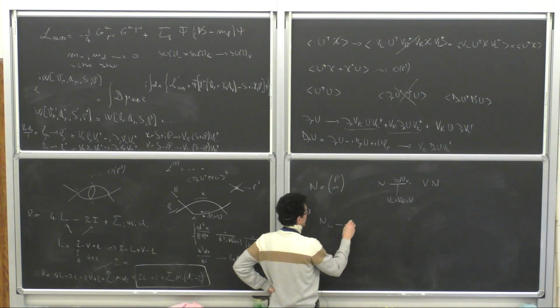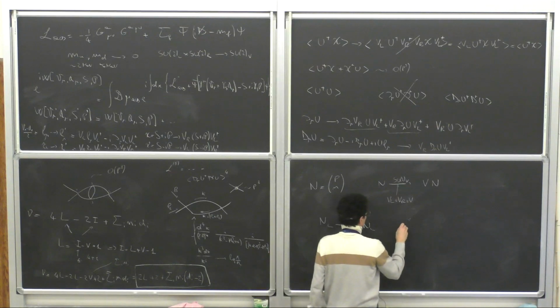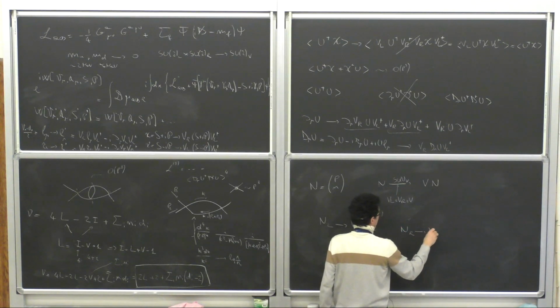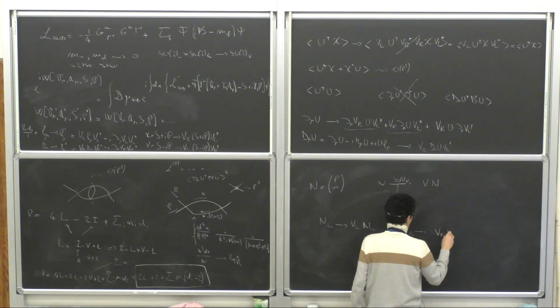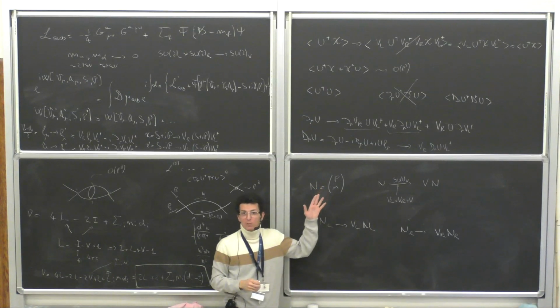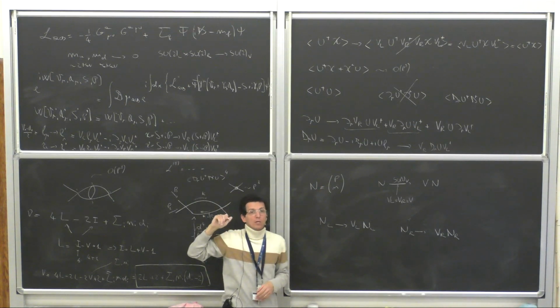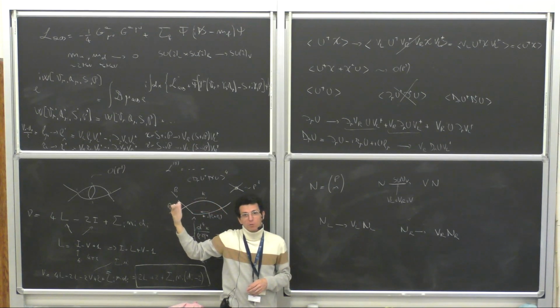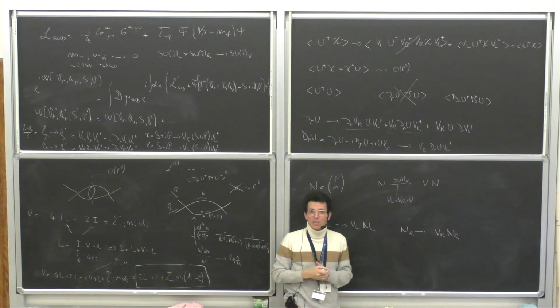For instance, a very natural transformation is the following: the left chirality component of the nucleon doublet transforms with the transformation of SU2 left, and the right-handed component of the nucleon isodoublet transforms like the right transformation.